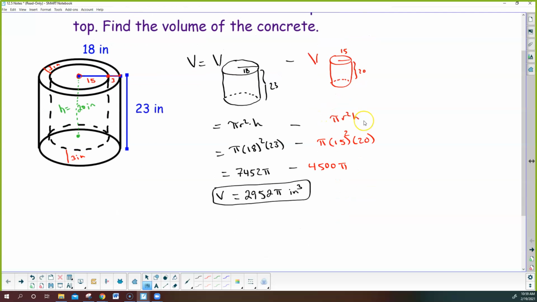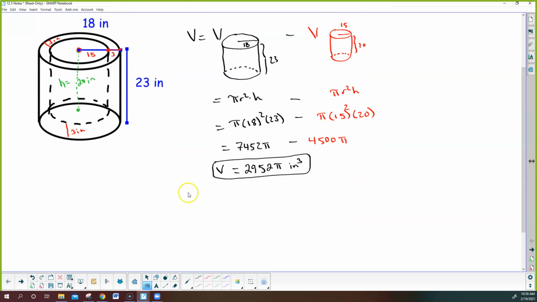But there's a strong chance you just plug those into your calculator. So let's look at the rounded answer. And I want to show you something that is kind of important for us to understand. So what if I use the pi button and I just do 2,952 times pi?